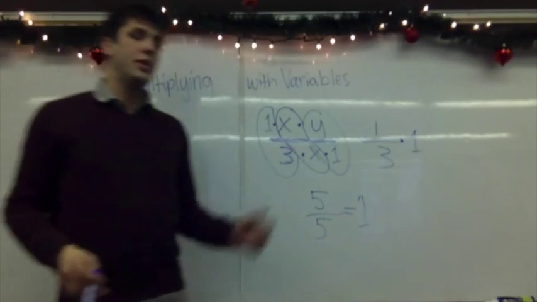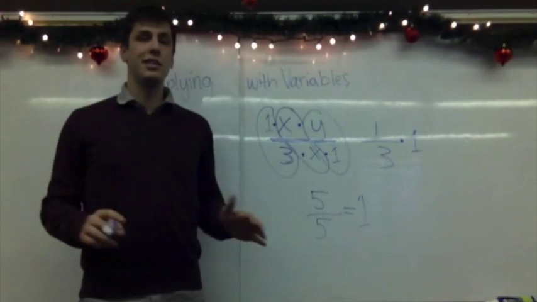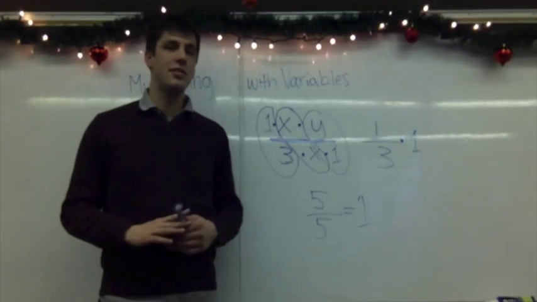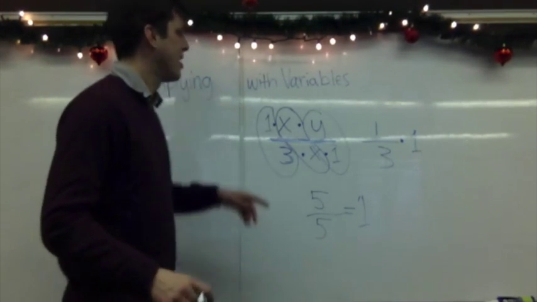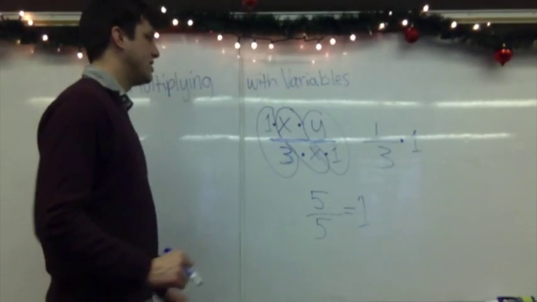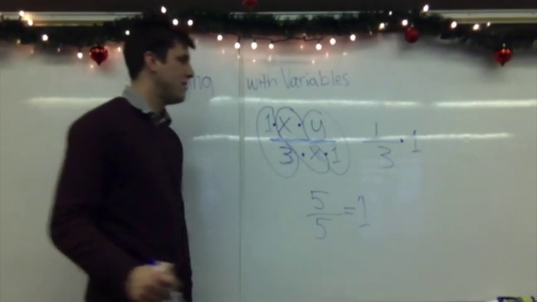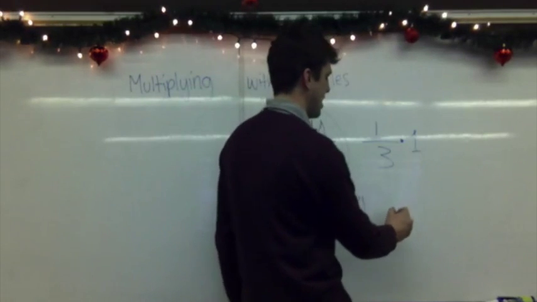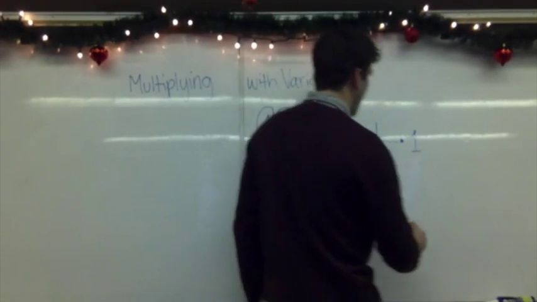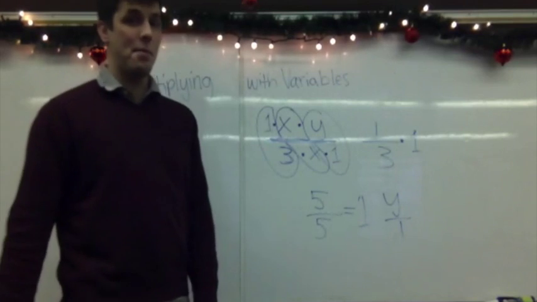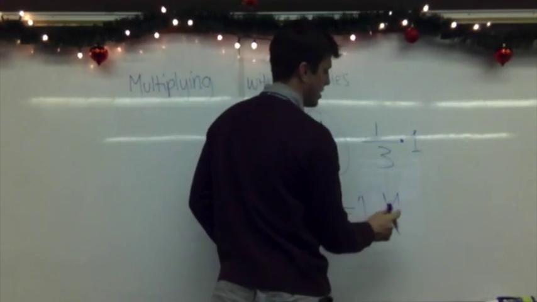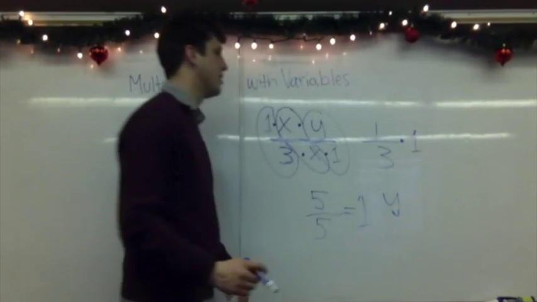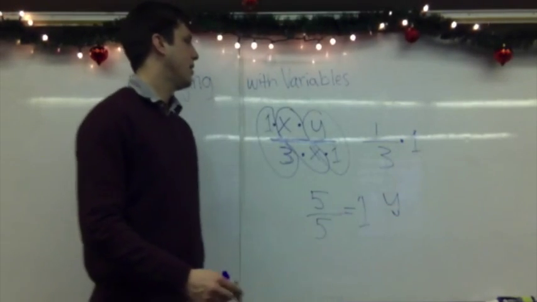Now, the reason why I'm showing you this isn't because I want to contradict my previous statement of saying you can't combine numbers and letters. What this is showing you is that y on the top of a fraction is the same thing as y over 1. And any number divided by 1 is just that number. Because the dividing by 1 doesn't do anything. So that is just a y.